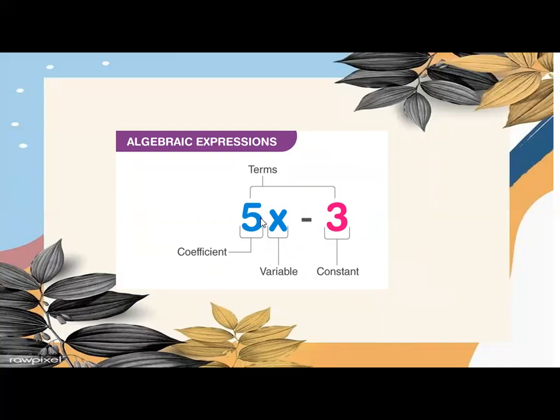So in the first term, 5x, 5 is the coefficient and x is the variable used. And in the second term, only a single digit is given. So the number 3 is the constant. So an algebraic expression can contain coefficient, variable, constant with mathematical operation.